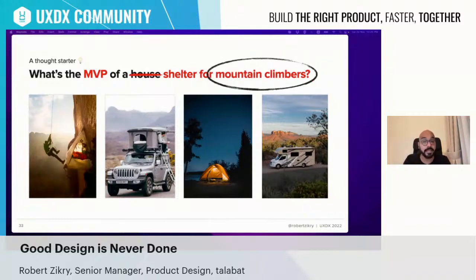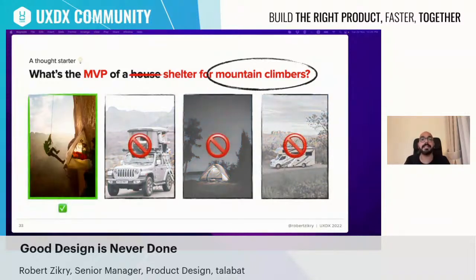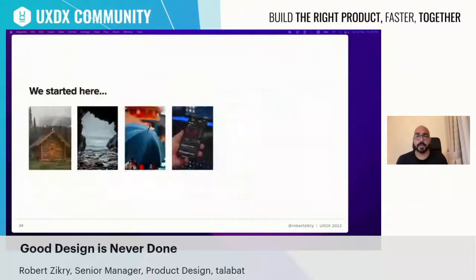You can go even deeper and check those campers. Who are they? Maybe they are mountain climbers, and that instantly cancels all those solutions that might create noise and make you focus on the exact product that you need to build. The MVP of your product, of the house that you started with, is actually a shelter for mountain climbers, choosing the actual solution that you came up with.